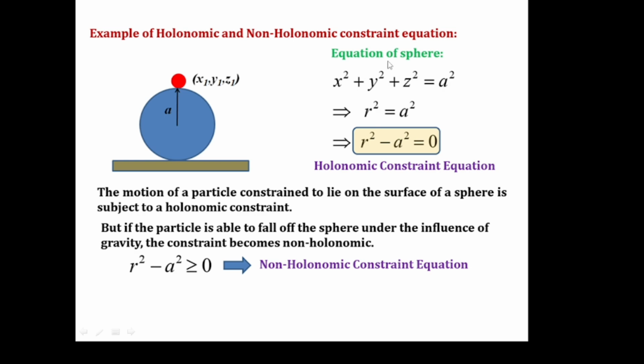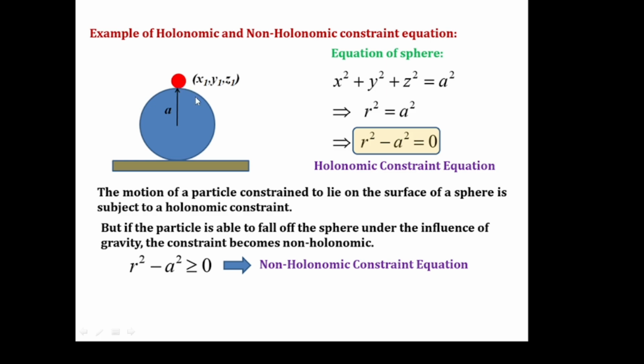From spherical polar coordinates, we know the equation of the sphere is x square plus y square plus z square is equal to a square. That means r square is equal to a square, where r is equal to x i cap plus y j cap plus z k cap. So r square minus a square is equal to 0. This is the holonomic constraint equation.